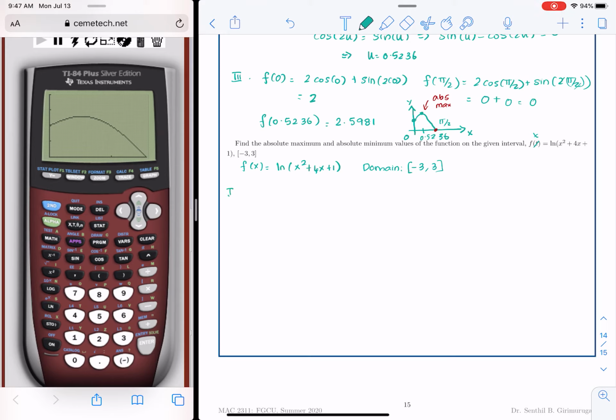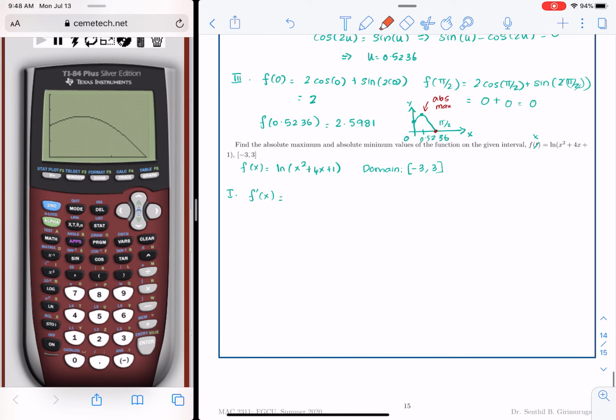So the first step is to find the derivative, f prime of x. So we have to use the chain rule. We would have 1 over x squared plus 4x plus 1 multiplied by the derivative of that, which is 2x plus 4.